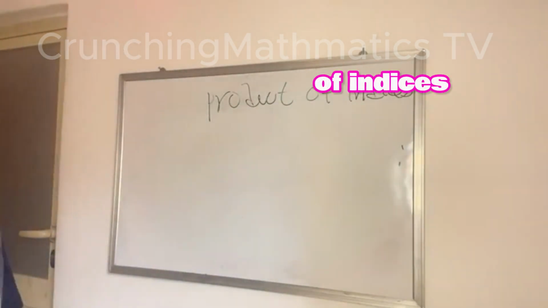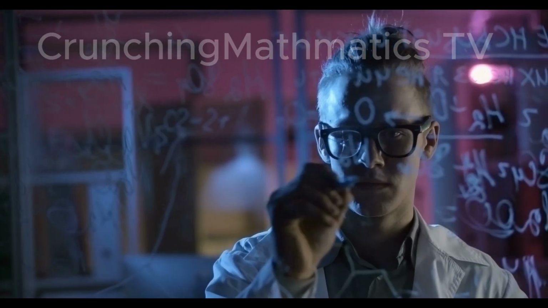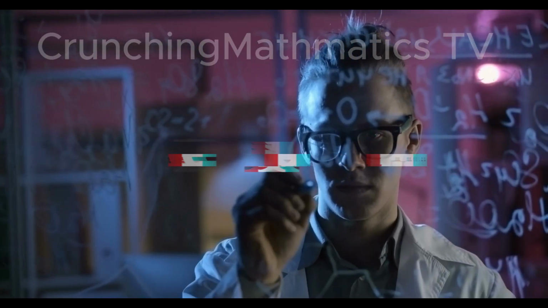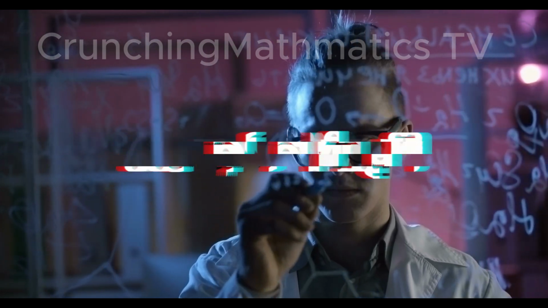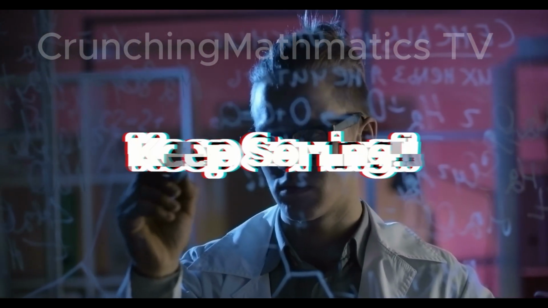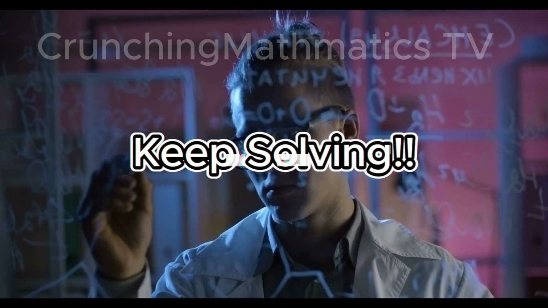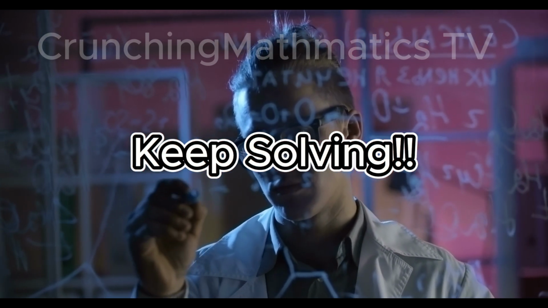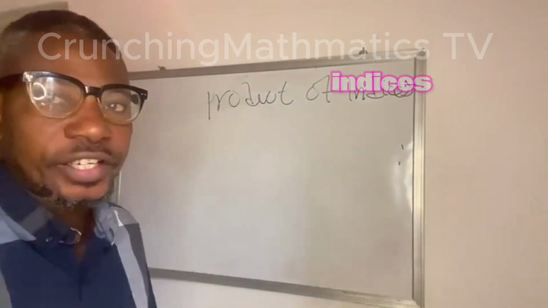A product of indices is something like this. We are still looking at the product of indices.